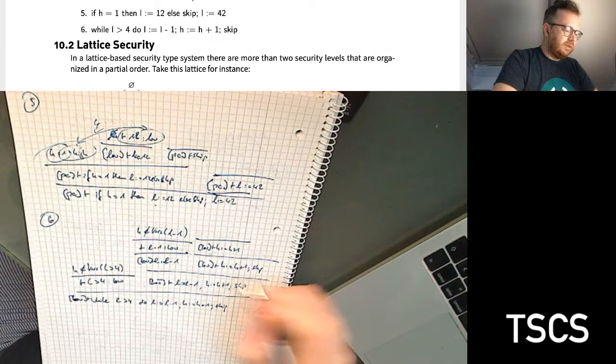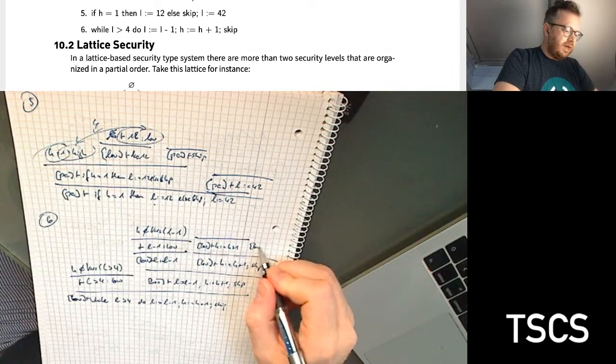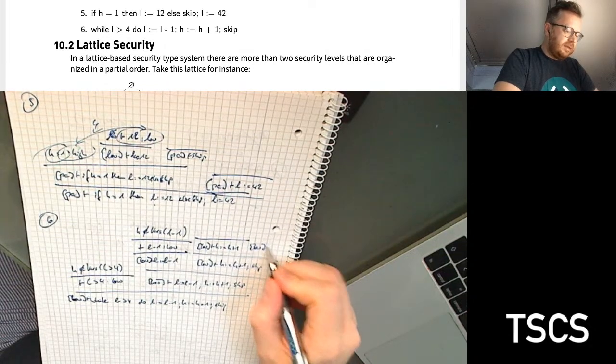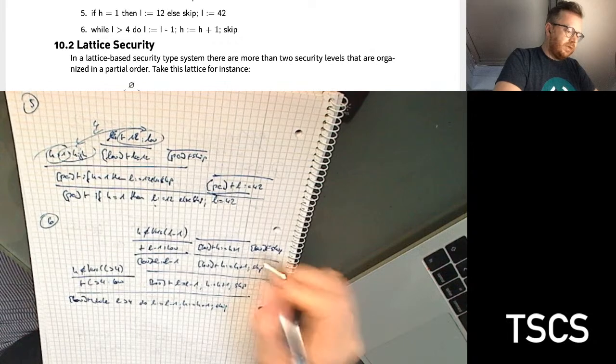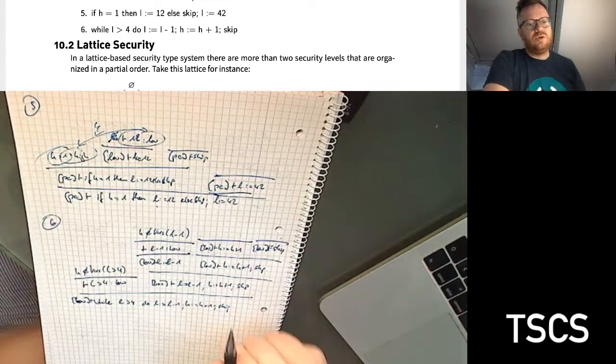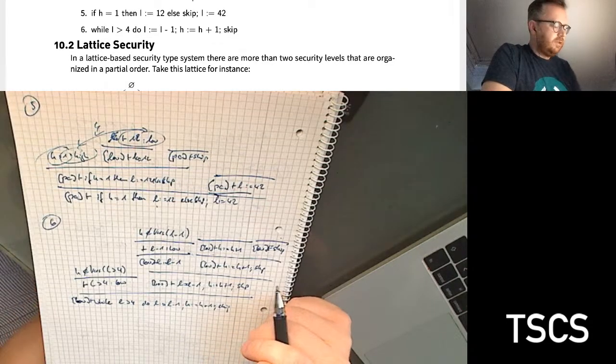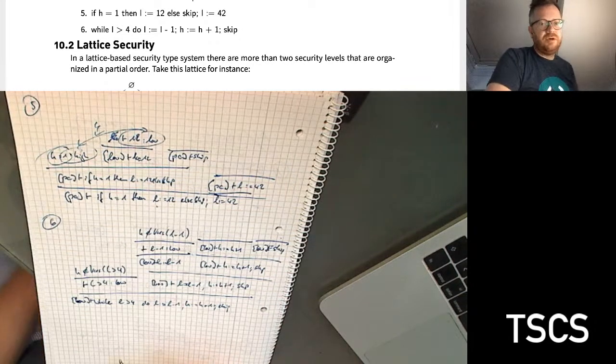Here it's quite the same, so we can do this, and of course we can type the skip in the low context, and this now works. So we're pretty much set on all of these. So this type checks pretty well.